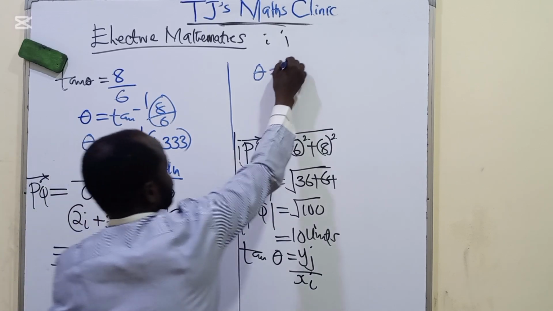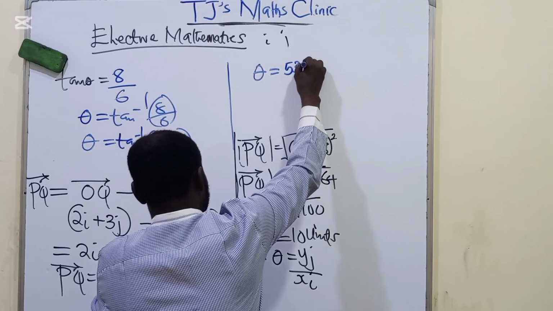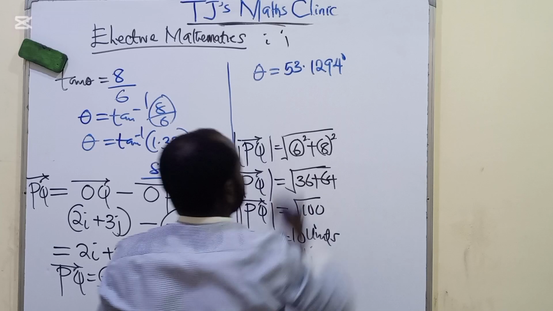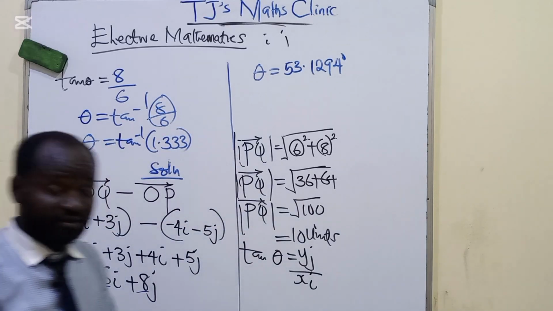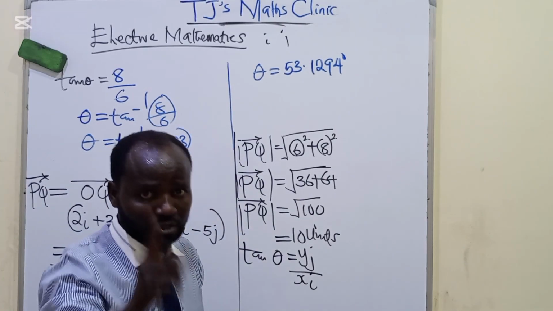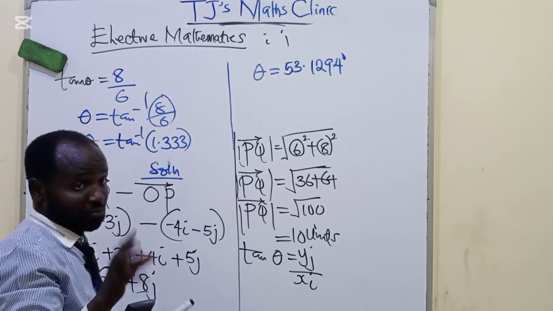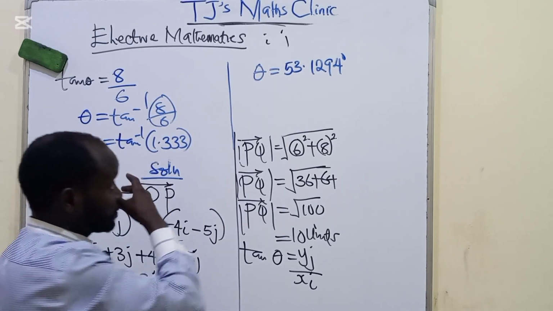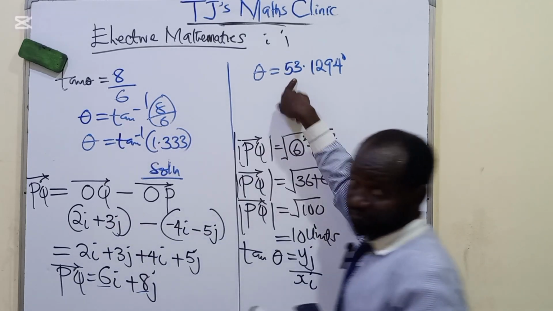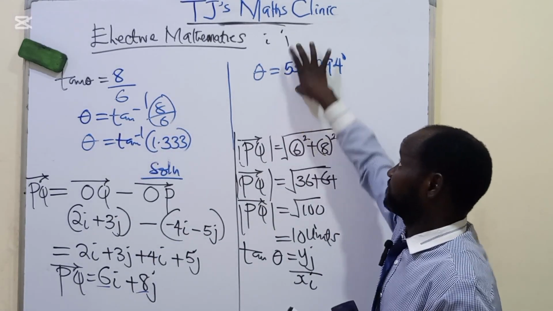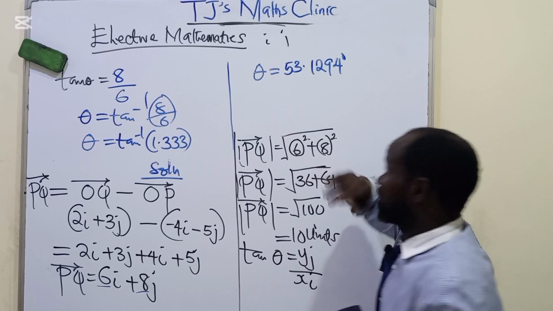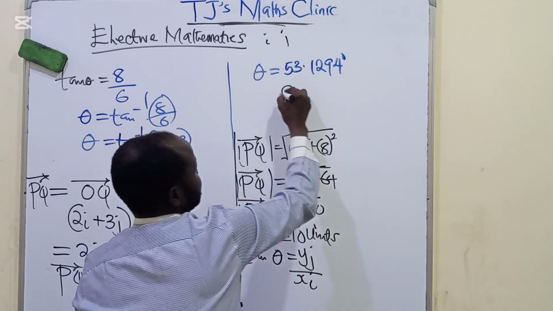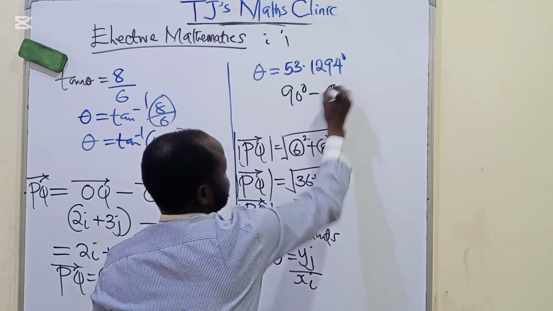What do we have? That will be 53.1294 degrees. Since bearing has to be measured from the north, it must be measured from the north in a clockwise direction. So this theta, of course, falls in the first quadrant. 53 falls in the first quadrant.